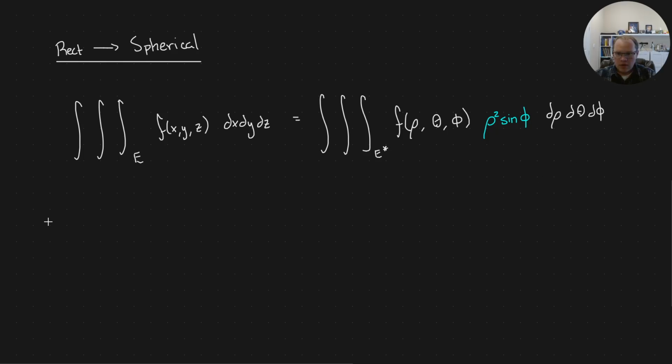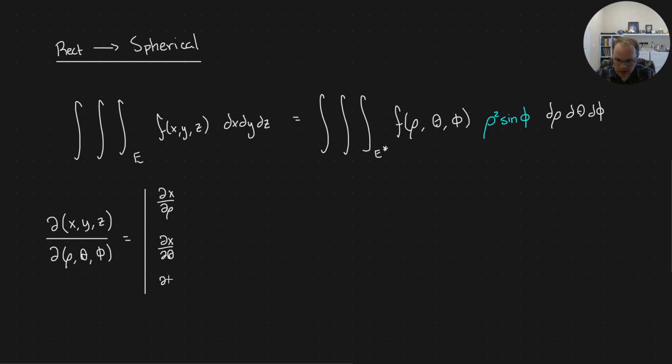Okay, so we would need the partial derivatives of x, y, and z, our old variables, with respect to our new variables, rho, theta, and phi. So partial derivative of x with respect to rho, with respect to theta, with respect to phi.